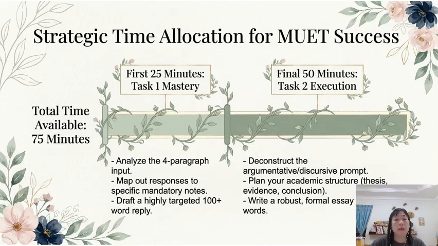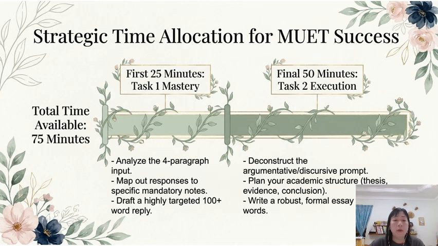Since my focus is actually more on MUET, here I would like to highlight the strategic time allocation in order to answer MUET writing paper well. For task 1, which is replying to an email or a letter, students are recommended to make use of about 25 minutes to complete the task.